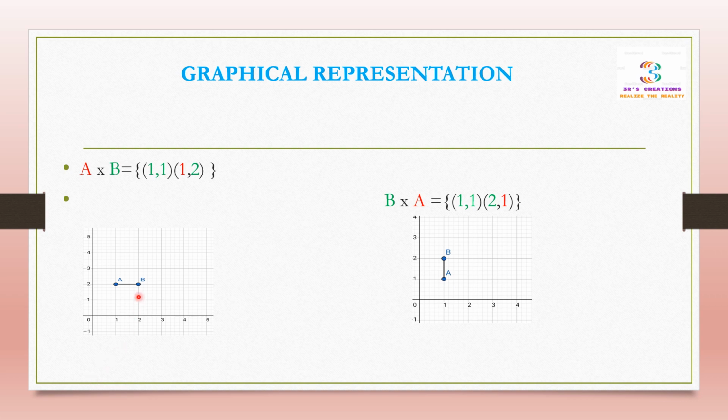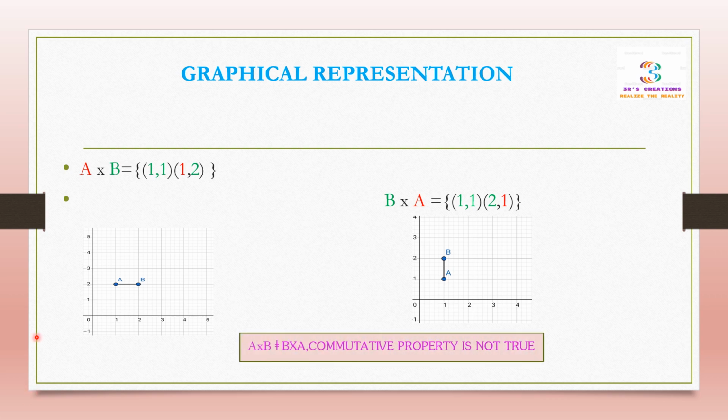It is clear that the line is horizontal in A cross B, whereas in B cross A, the line is vertical. So the lines are the same, but they are not congruent. That is, they are not exact. So it is proved that A cross B is not equal to B cross A, that is, the commutative property is not true in case of Cartesian product with a singleton set.